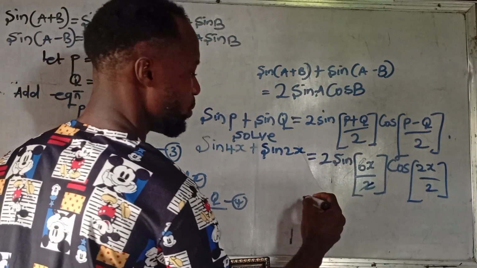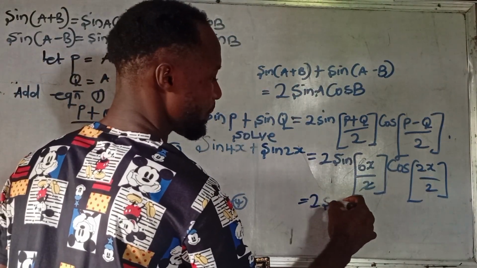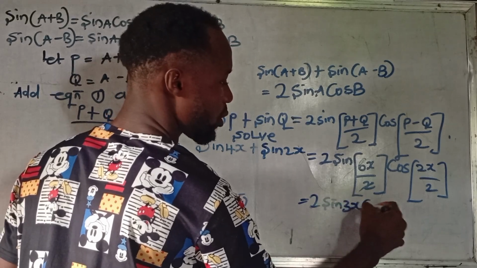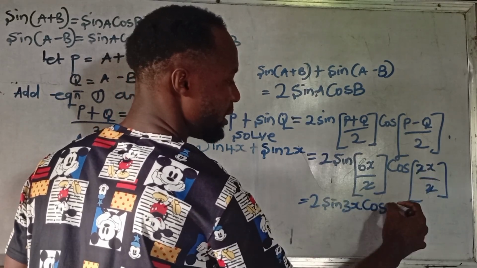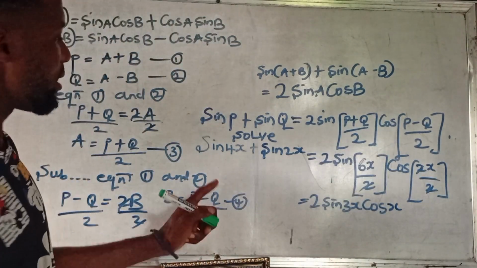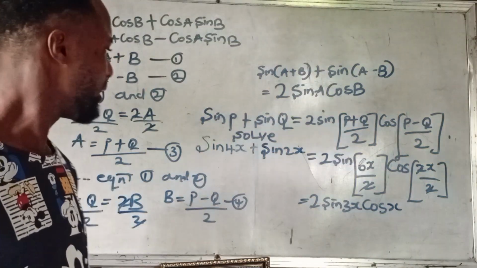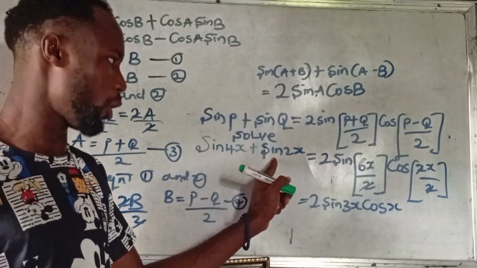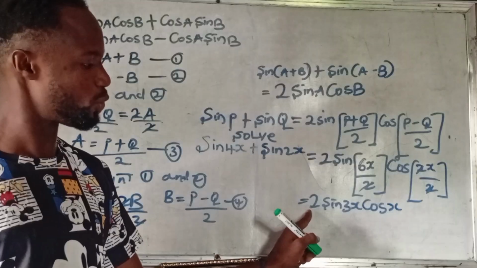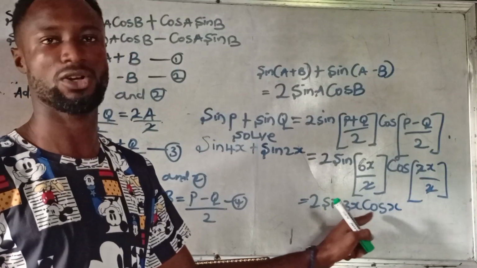This and this cancel. It is equal to 2 sine 3x cos x. So sine 4x plus sine 2x is equal to 2 sine 3x cos x.